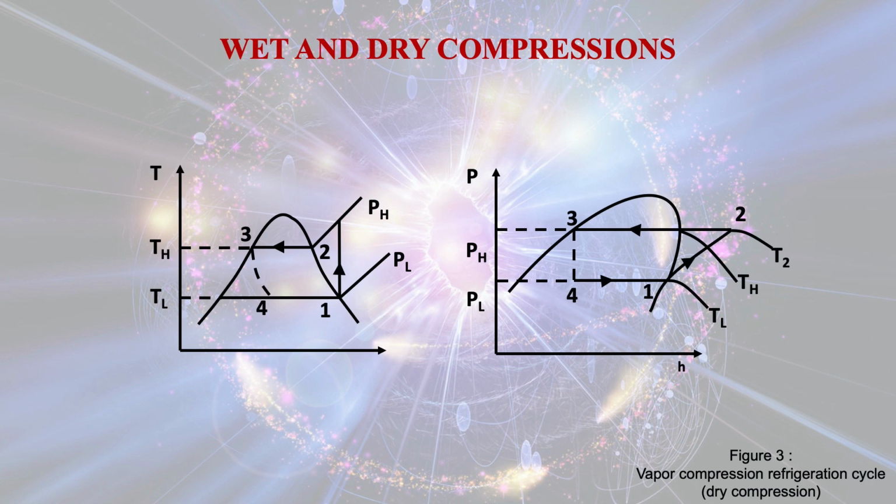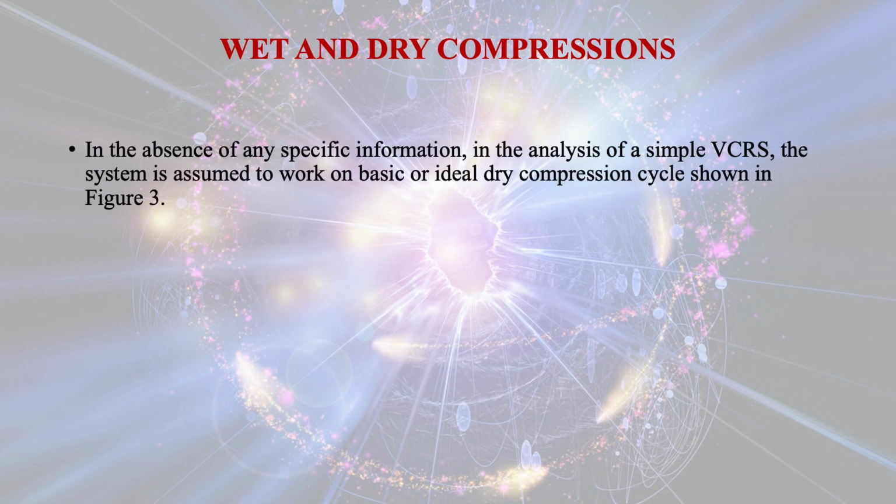In the absence of any specific information, in the analysis of a simple vapor compression refrigeration system, the system is assumed to work on the basic or ideal dry compression cycle shown in figure 3.